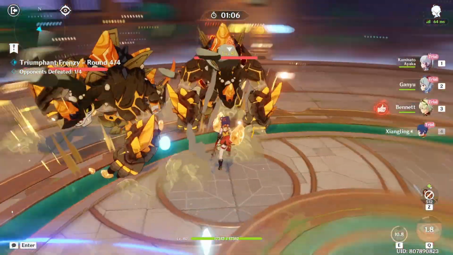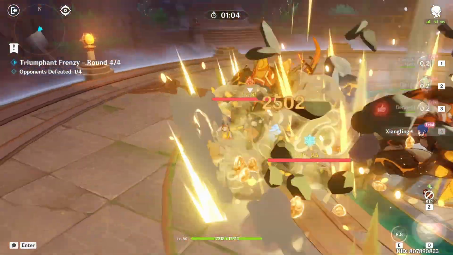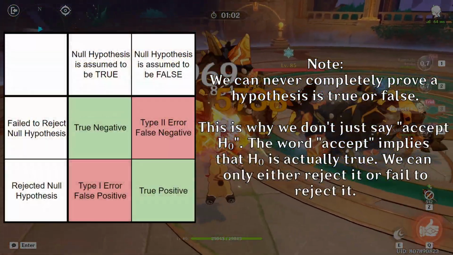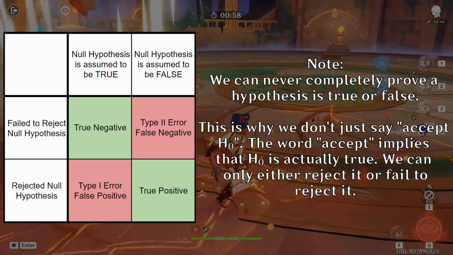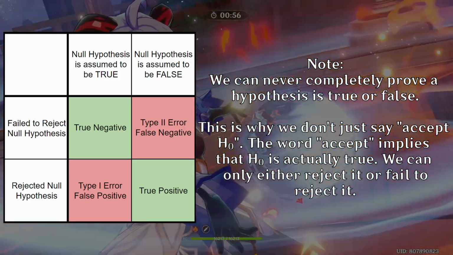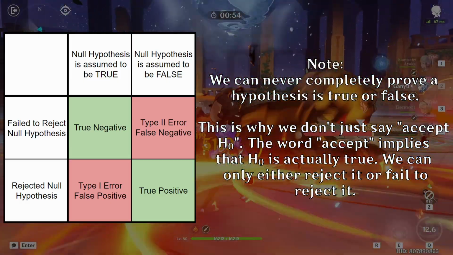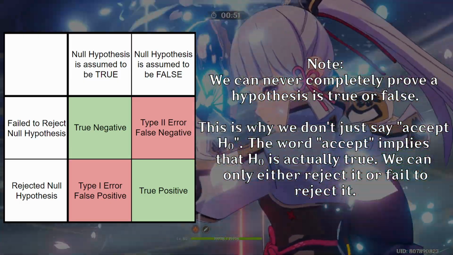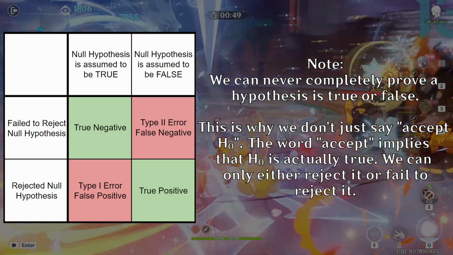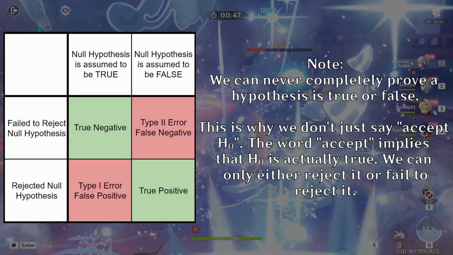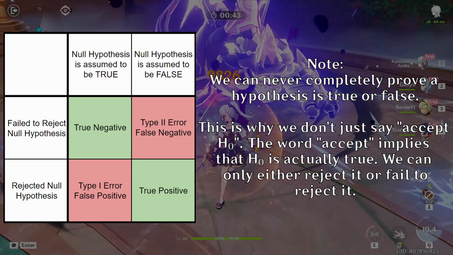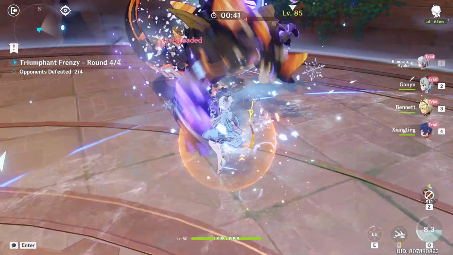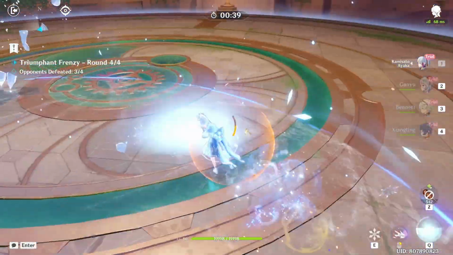Also, we like to put it into the perspective of the null hypothesis. A type 1 error is incorrectly rejecting a true null hypothesis, while a type 2 error is incorrectly failing to reject a false null hypothesis. It's important to know that for type 1 errors, the null hypothesis is assumed to be true. With type 2 errors, it is assumed to be false.